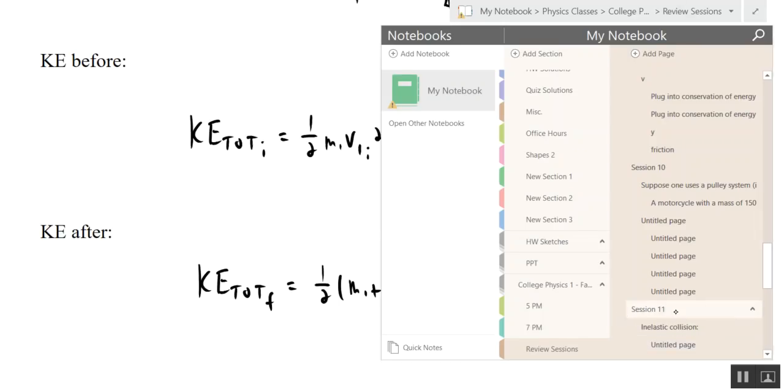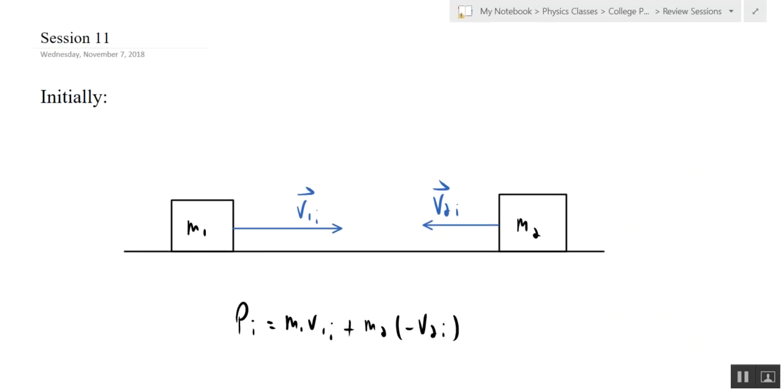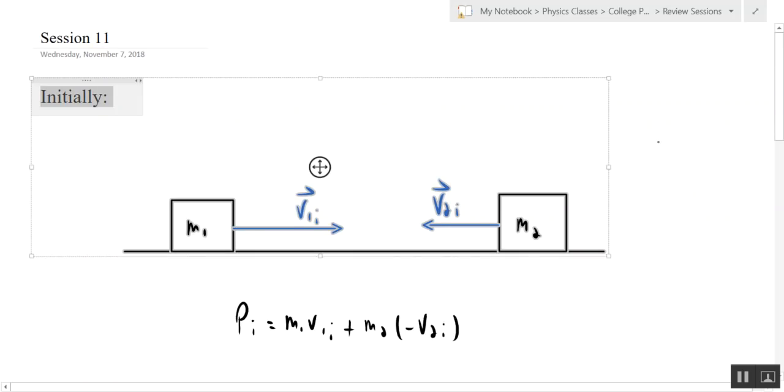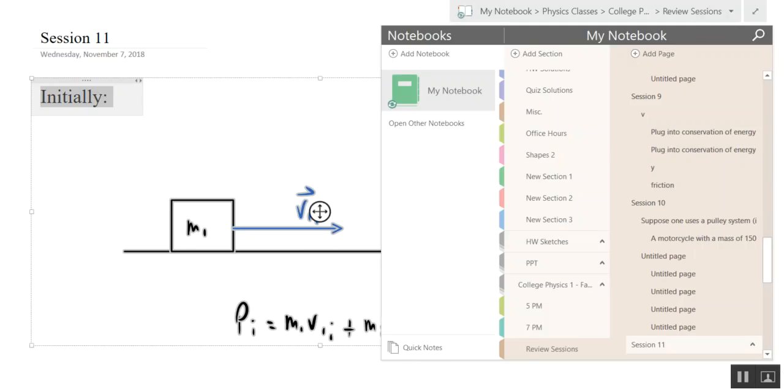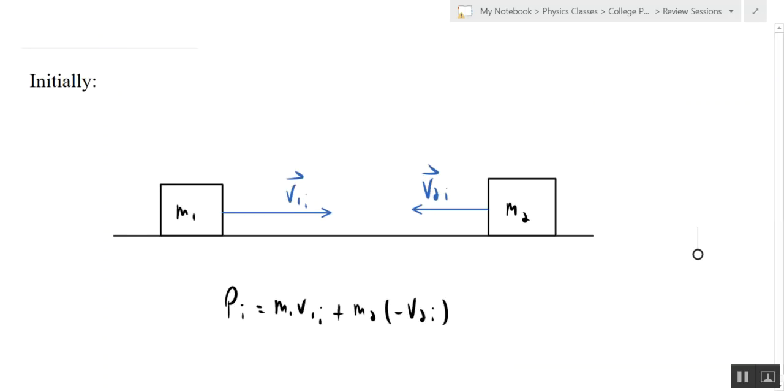So basically, before they collide, let me bring this up again. What did I give you? Okay, so it kind of looks like this picture. Actually, I'm going to copy this whole thing. The initial picture for number 3 sort of looks like the initial picture for number 1. Once again, you have a mass moving in the positive x direction, and you have another mass moving in the negative x direction before they collide.